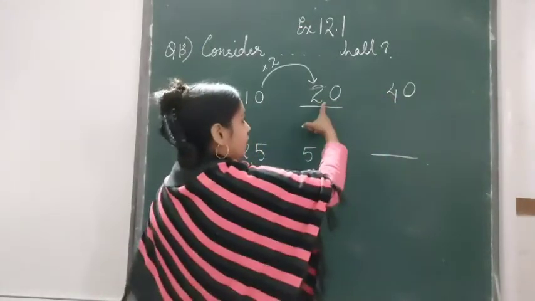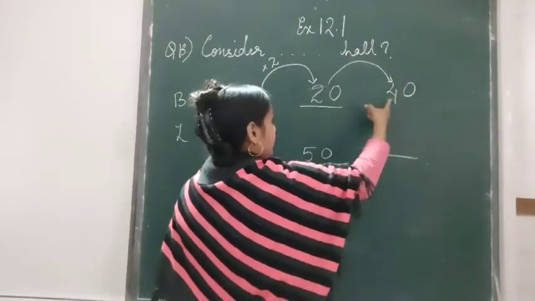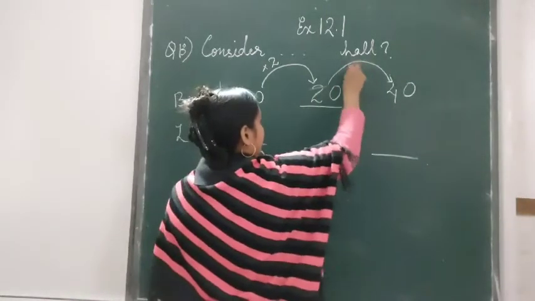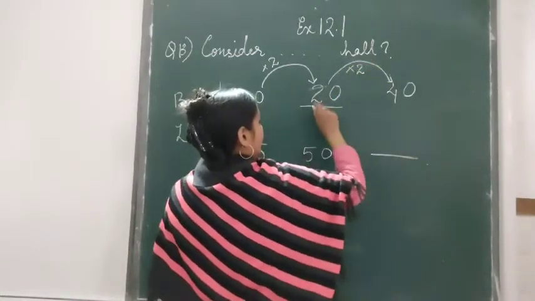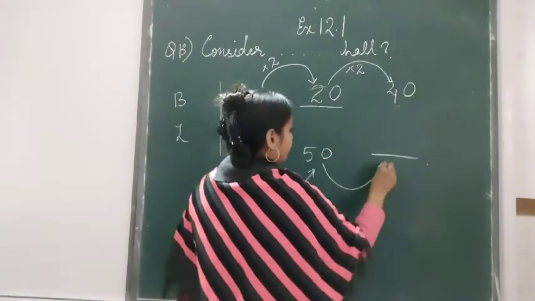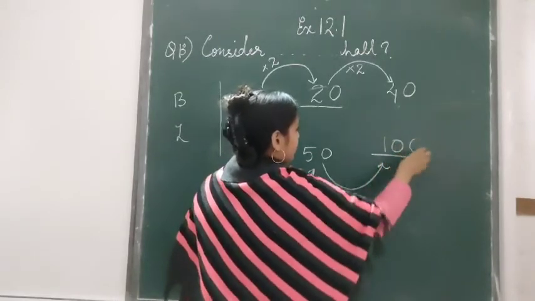Again, something you will multiply to this 20 so that it becomes 40. Yes, we multiply 2. So 20 into 2 gives us 40. Similarly, 50 into 2 will give us 100.